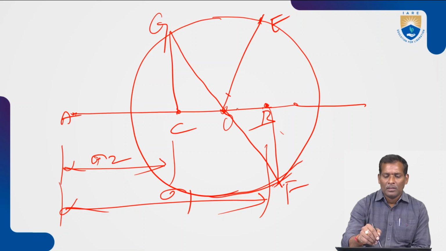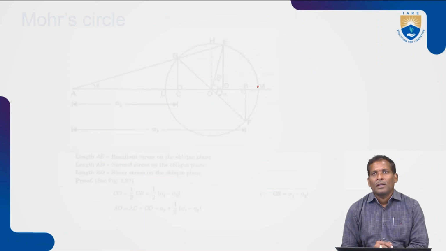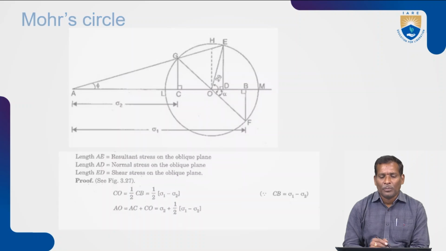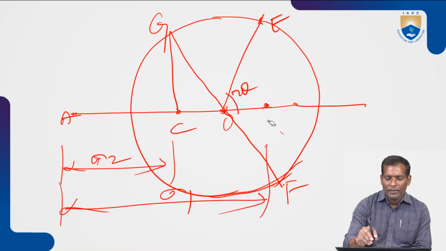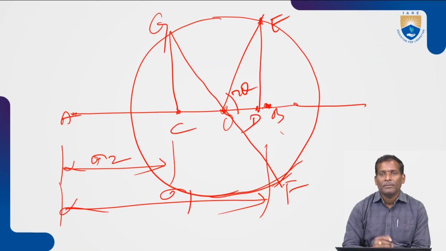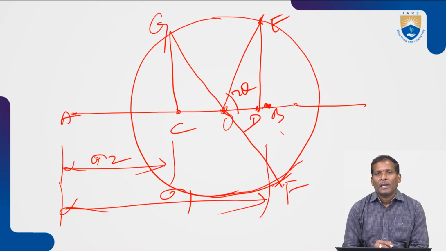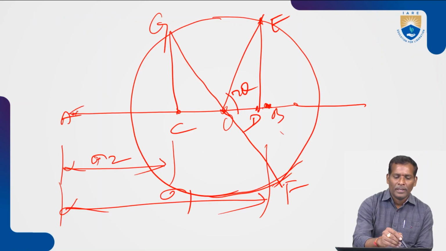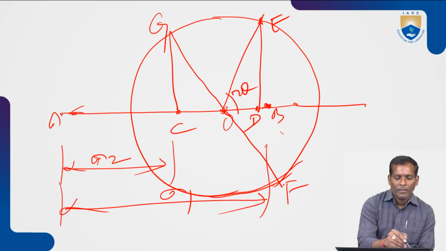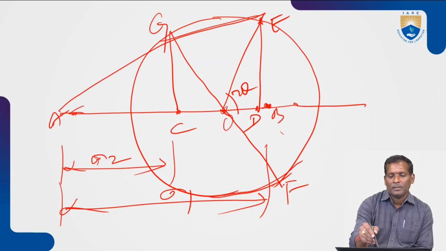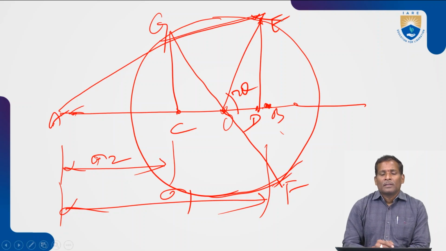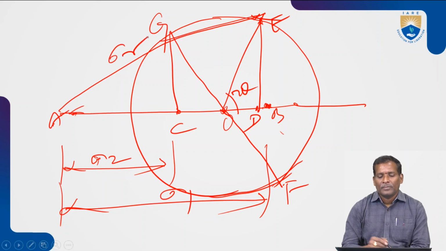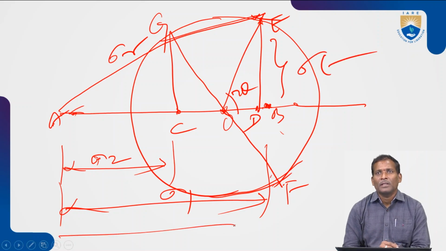Then from E draw a perpendicular line, that is D, and then join G to A like this. This is the resultant stress, this is sigma T, and this one is the normal stress.